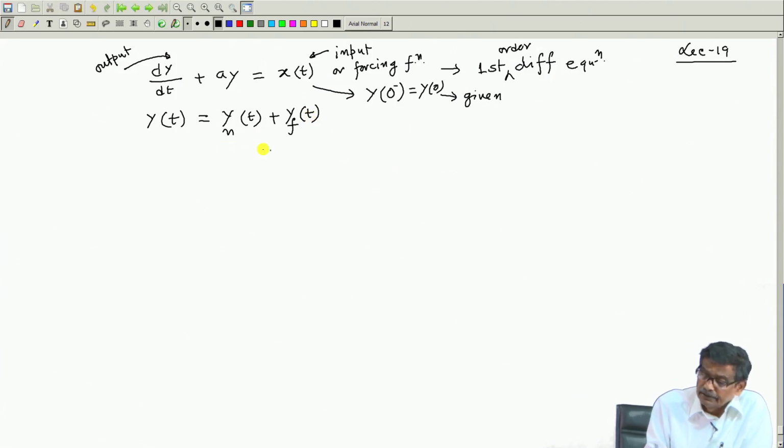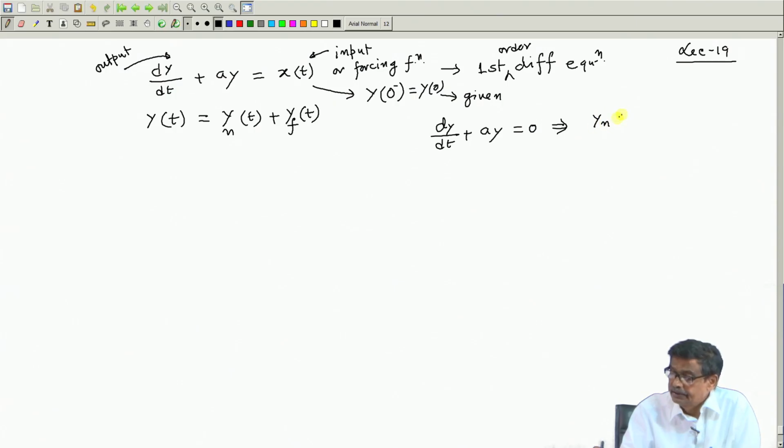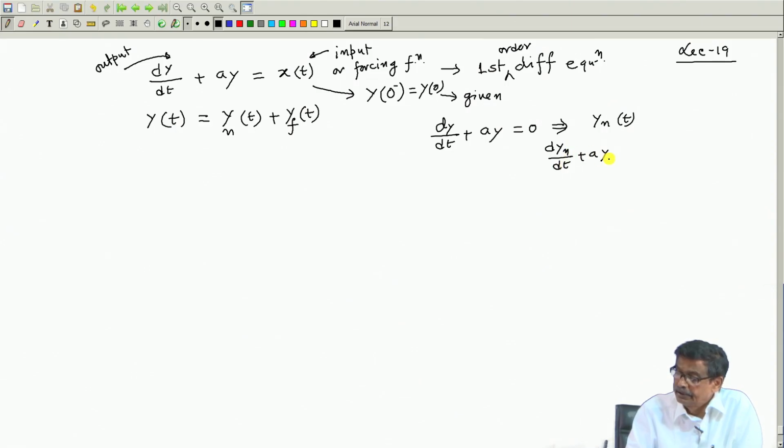Now, the natural response alone will be the solution if the right hand side is 0. Then you get y_n(t), and if you substitute y_n(t) alone on the left hand side, it will always give rise to 0, because dy_n/dt plus a y_n has to be 0, that is why it is the solution.